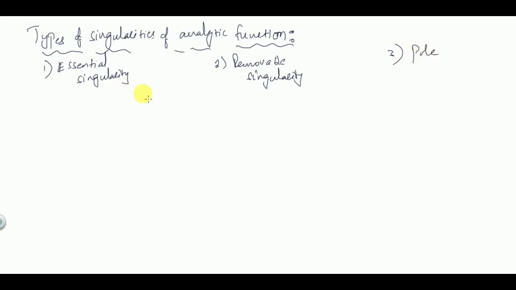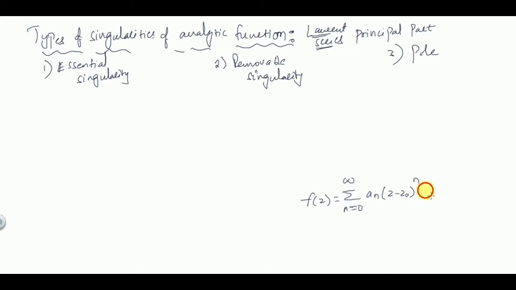This classification is based on the Laurent series principal part. That is, Laurent series of a function f of z is given by summation n is equal to 0 to infinity a n into z minus z naught whole power n, plus summation n is equal to 1 to infinity b n by z minus z naught whole power n.